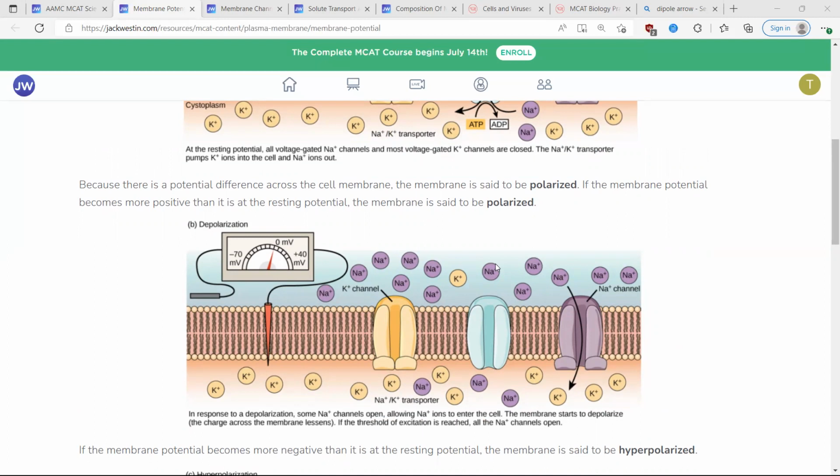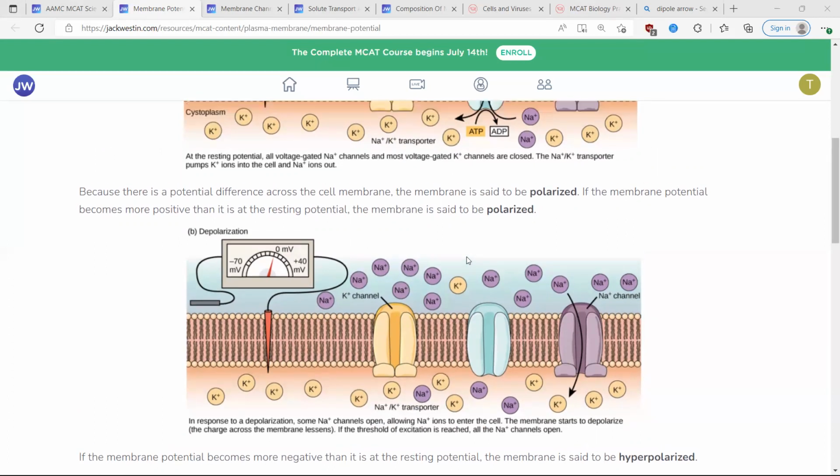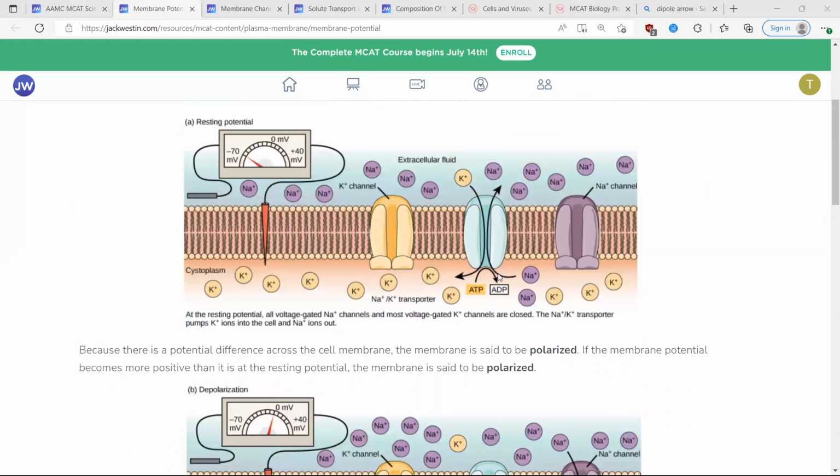How does it become depolarized? Well, originally the situation is we are dumping the sodium out and letting the potassium in, right? So we are losing some positive charges from the cell, and losing positive charges from the cell leads to polarization.